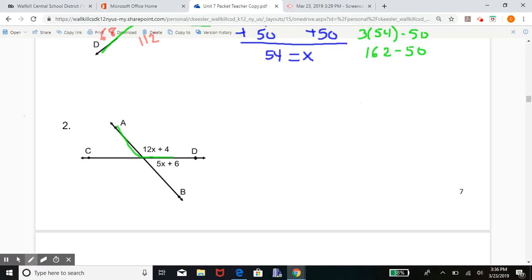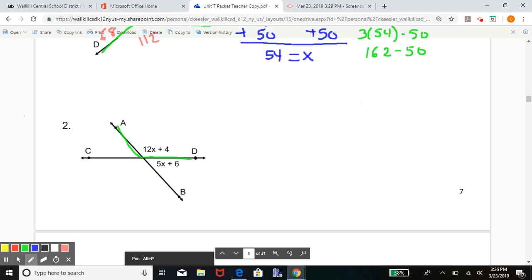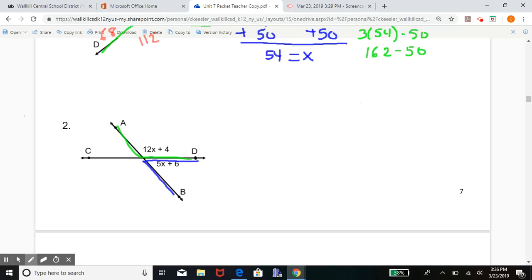So that is our hint that these two must be supplementary, not congruent, and obviously not complementary because there's no 90-degree angle there. So since they form a straight line, we have one acute, one obtuse, and they're right next to each other, we know that they have to be supplementary angles.